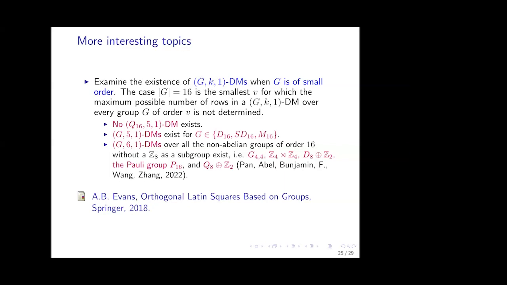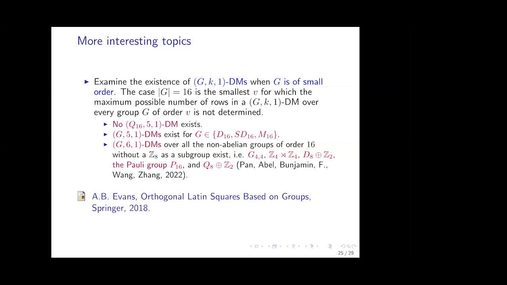It's solved. When the size of G is 16, this book didn't finish all the possible cases. So we did some computer search work. For example, we can show that no (Q16, 5, 1) difference matrix exists. And we can find some (G, 5, 1) difference matrices for G being D16 or M16.